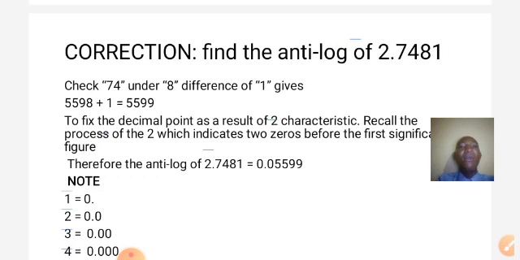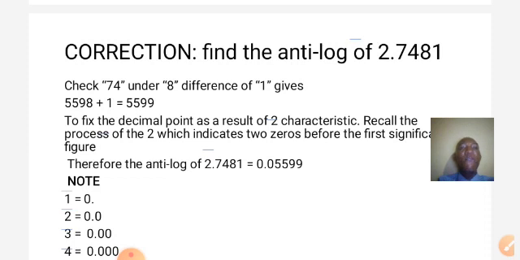As we have here, the decimal part is 7481. The first two digits there is 74 under 8, difference of 1. When you check 74 under 8, difference of 1, you will get 5598, and difference of 1 will give you 1. And when you add 1 to 5598, it's going to give you 5599.